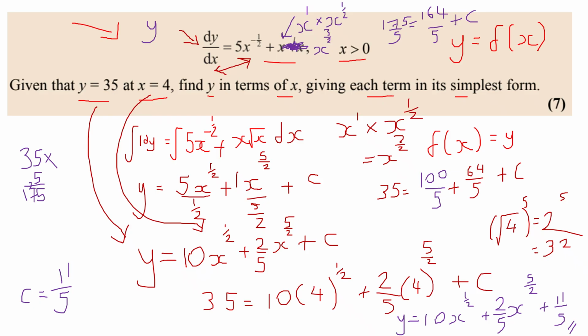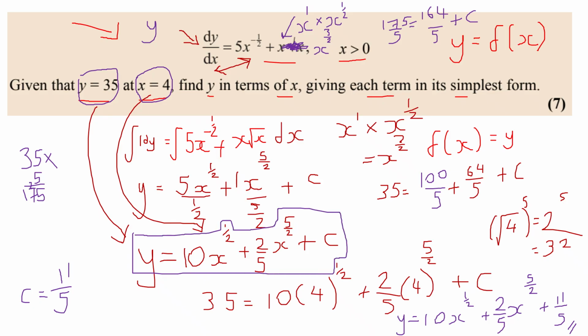Once you've done that, don't forget your plus c. We then sub in our initial condition, or a particular condition, to work out the value of c, giving us c to be 11/5, and a final answer of y is equal to 10x to the power of a half plus 2/5 x to the power of 5 halves plus 11/5. Okay, thank you very much.